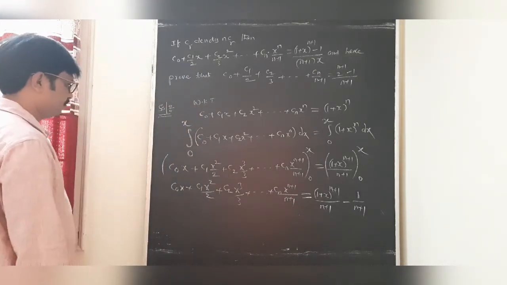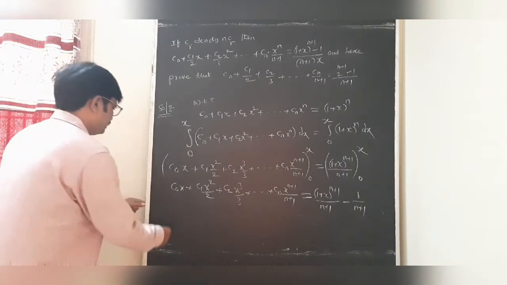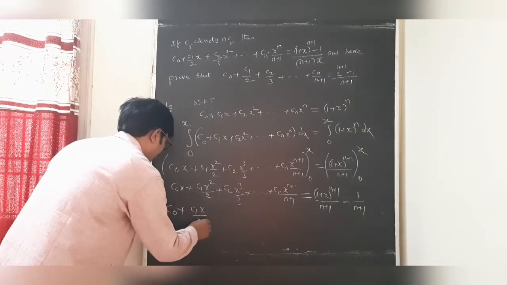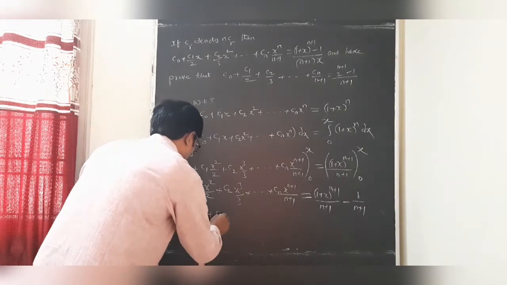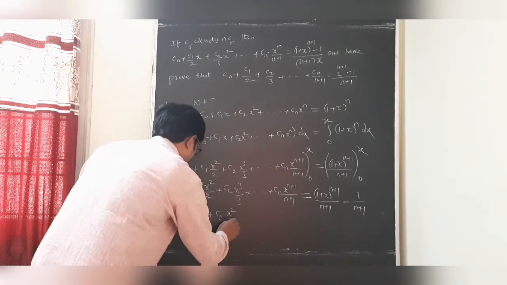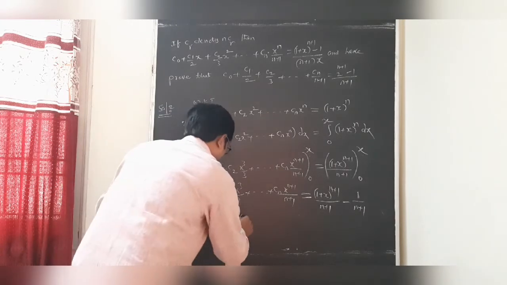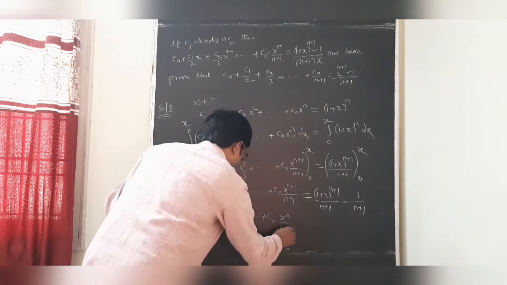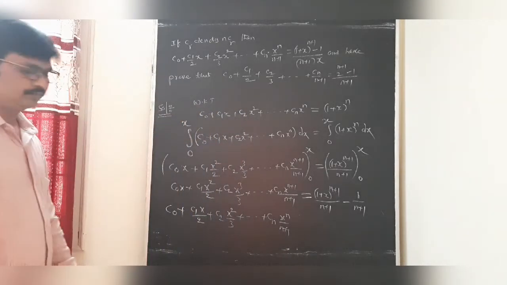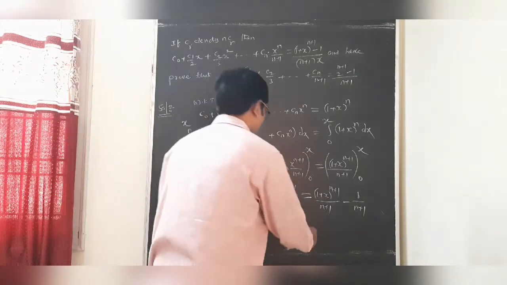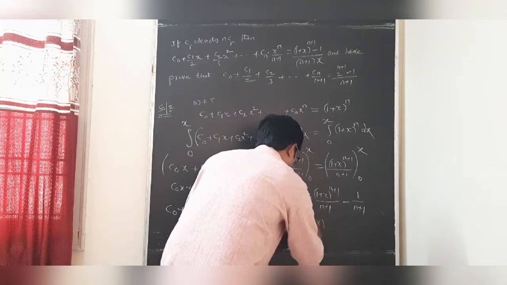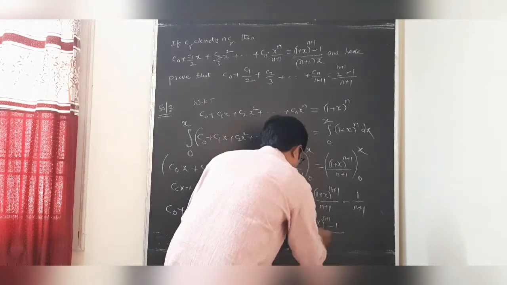So students, divide by x on both sides. This is C0, after that C1 x by 2, C2 x² by 3, and so on, Cn x^n by n + 1. Okay students, this is (1 + x)^(n+1) minus 1.